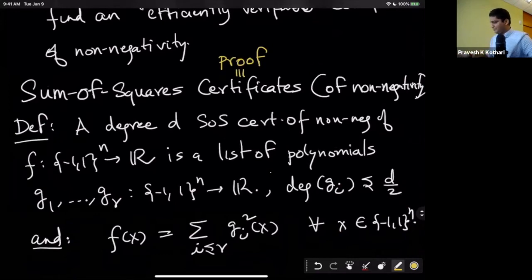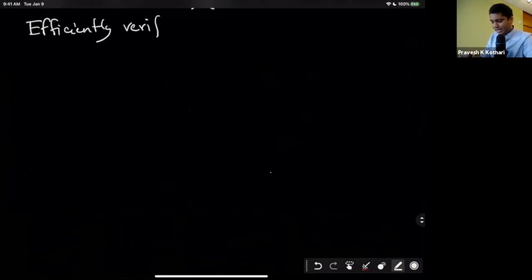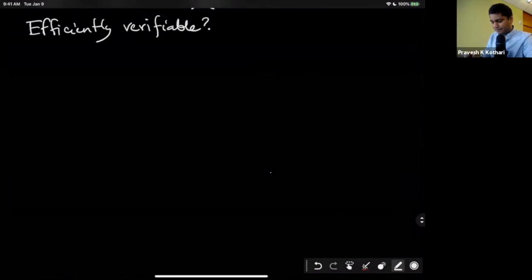So I said I'm going to be interested in certificates which are efficiently verifiable. So the first question to ask is, why is this certificate efficiently verifiable at all? Why is the degree D certificate, if it exists, efficiently verifiable? Remember, I had R polynomials.